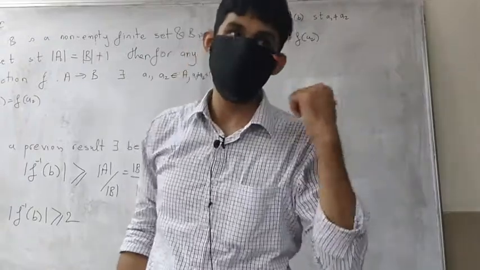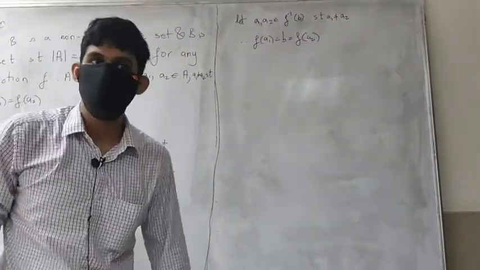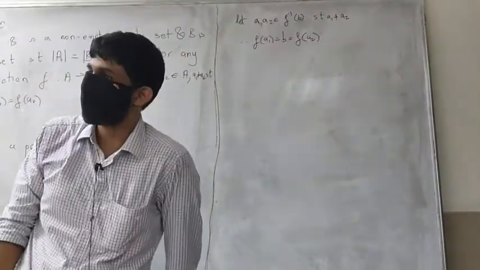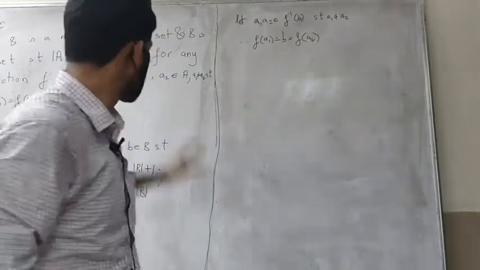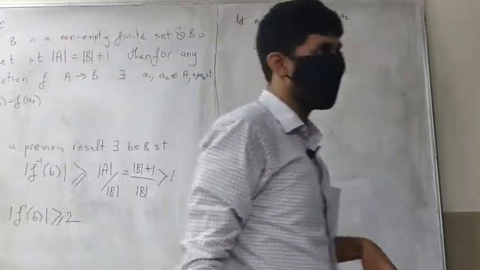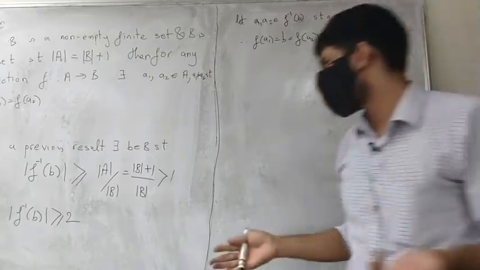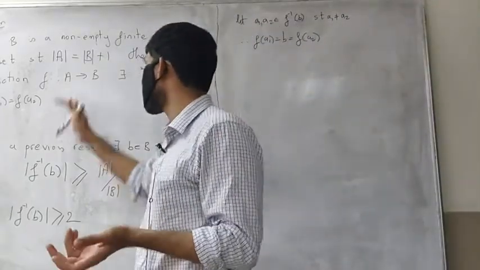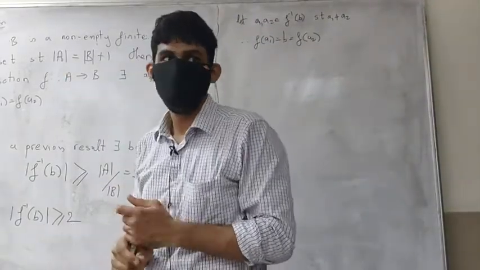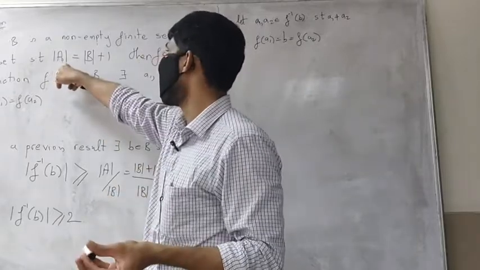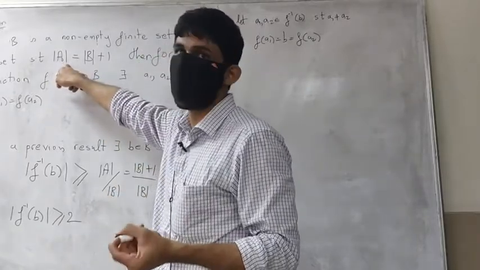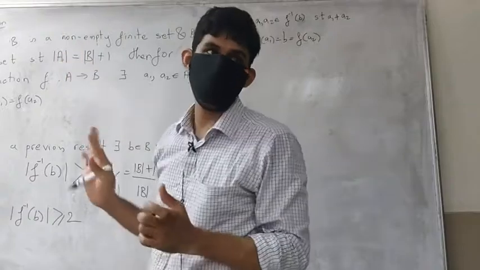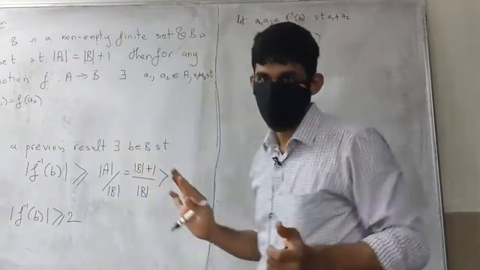So that's a generalized form of the pigeonhole principle which you are familiar with. In fact, I could have repeated the same argument by just making the condition that the cardinality of A is greater than the cardinality of B. That's all I used.